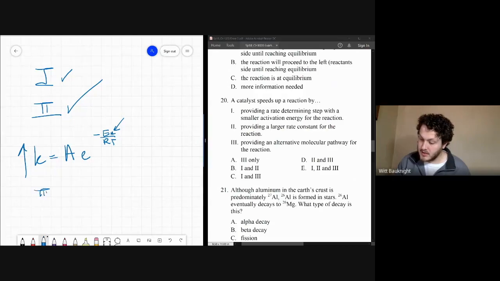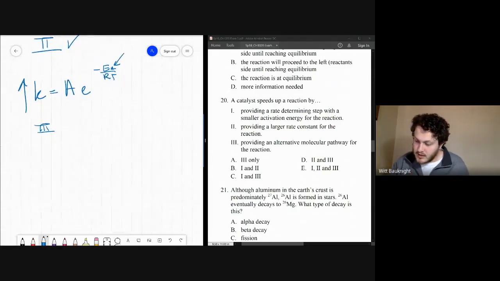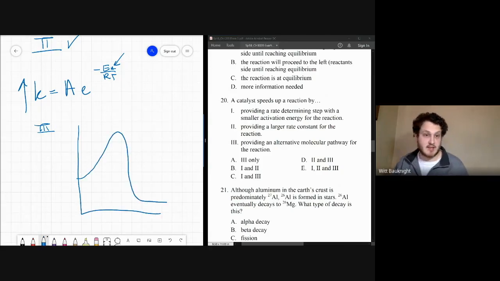Now let's talk about statement number 3. Providing an alternative molecular pathway for the reaction. That is true. So let's say we have a normal reaction that looks like this. When we add a catalyst, usually it kind of breaks it up into 2 steps, but it always lowers the activation energy. It goes something like that.